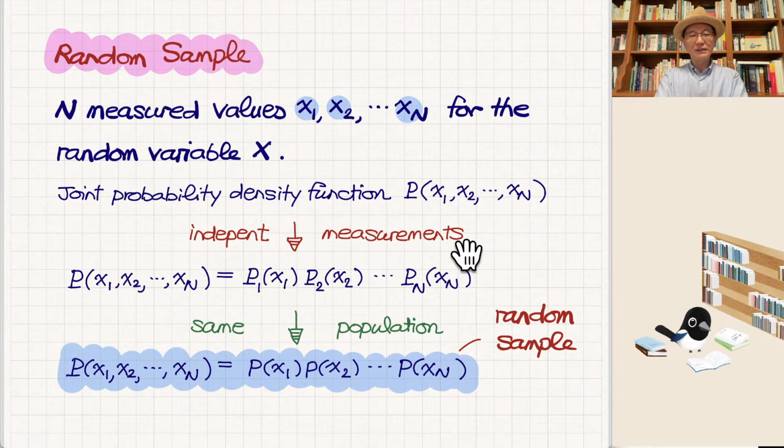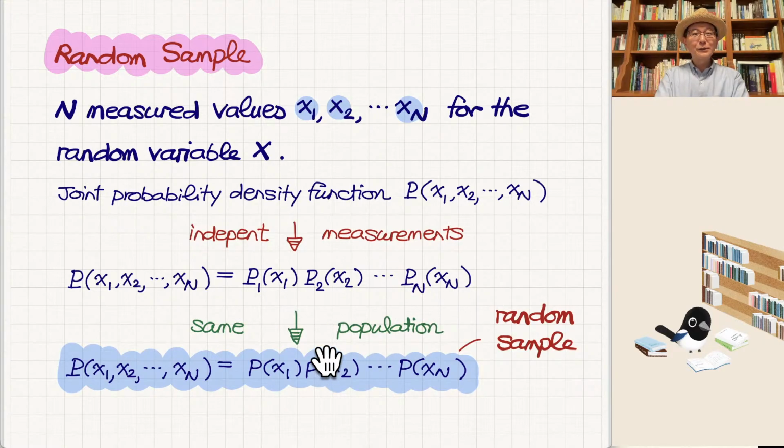So please be careful. Suppose now we introduce the independent measurement approximation, so then this joint PDF can be written as a product of different PDFs. So x1 follows a particular PDF, x2 follows another PDF. PDF is a probability density function. And xn just follows a Pn PDF. And they may not be the same.